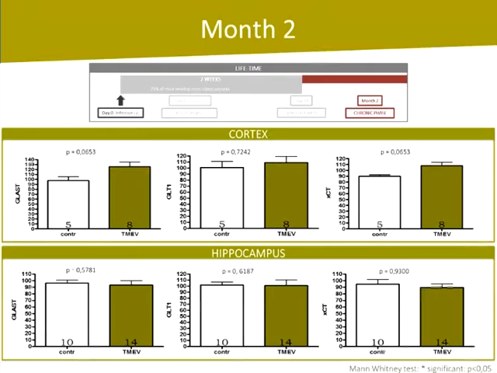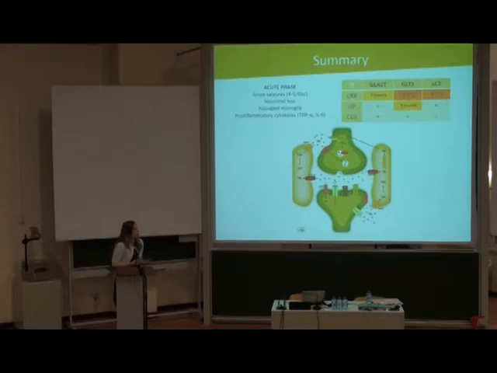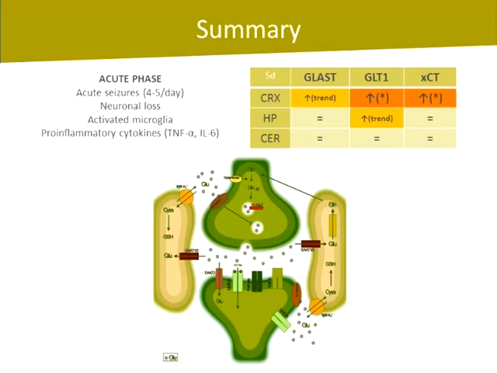Therefore, we can summarize that the glutamatergic system is also involved in this model of epilepsy. And this is pretty obvious, especially in the acute phase when we see the increase in all the transporters in the cortex. We know that at this point, there is high expression of pro-inflammatory cytokines, and these have been shown to upregulate the expression of xCT in vitro.